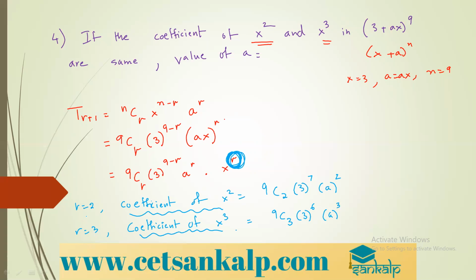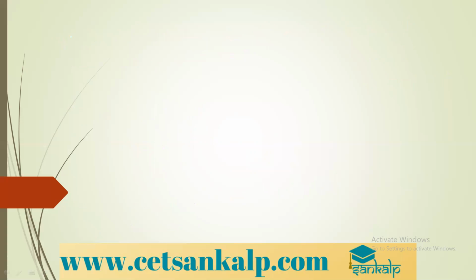They both are the same. That means I have to set them equal. So when I set them equal, what do I have? 9C3 into 3 power 6 into a cube equal to 9C2 into 3 power 7 into a square.